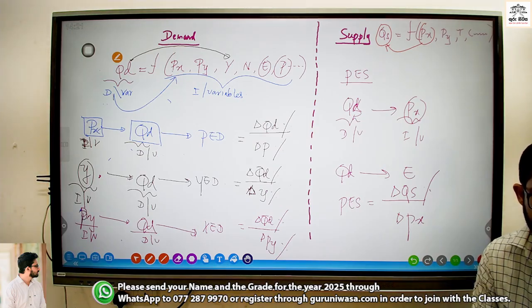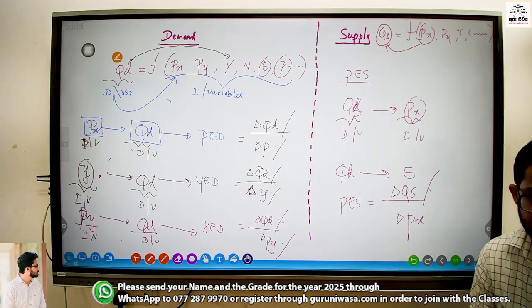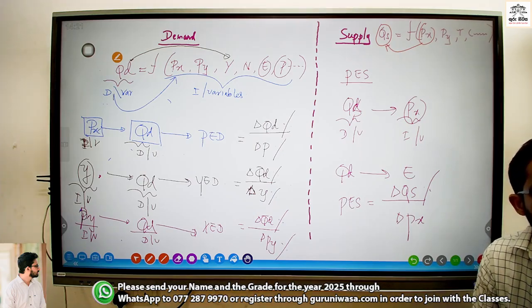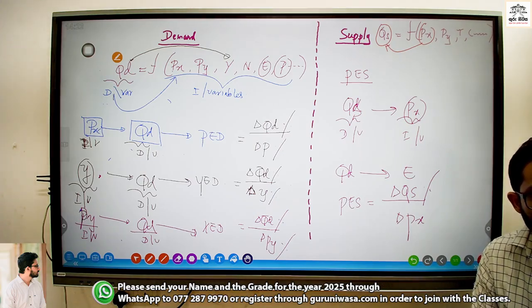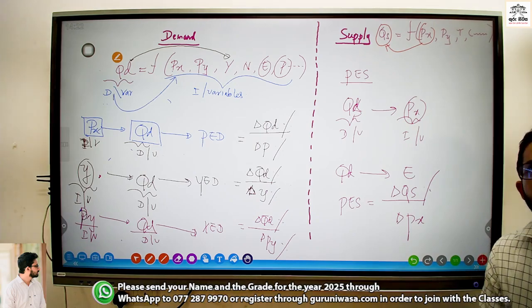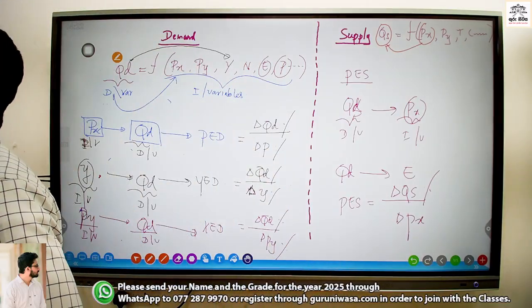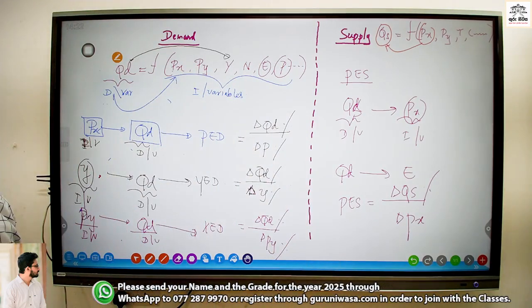Done, sir. Done, sir. Anuli, are you done? Yes, sir. Okay. Ipna? Done.